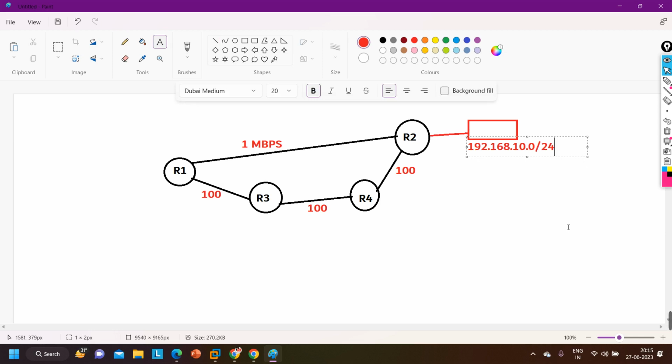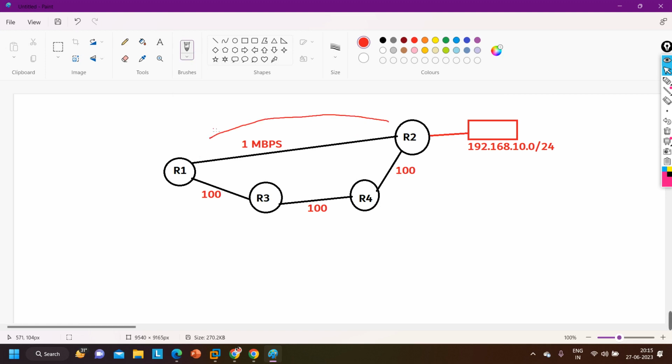Now router 2 will advertise this network to router 1 directly and to router 4 also, because in dynamic routing, a router will advertise the directly connected network to its neighbor. So router 1 will have 2 paths. One is via router number 2 and one is via this.